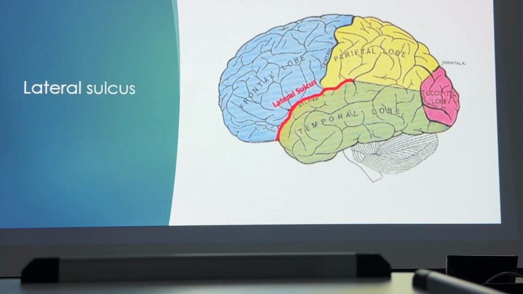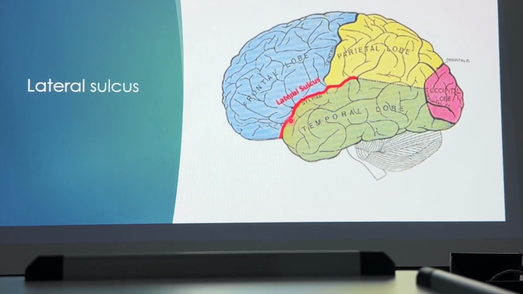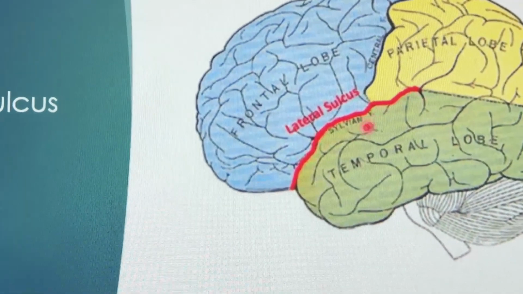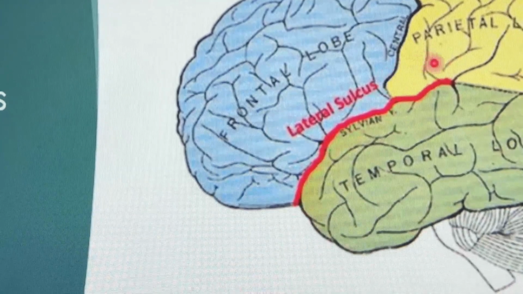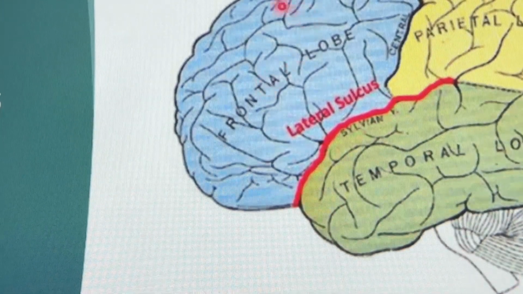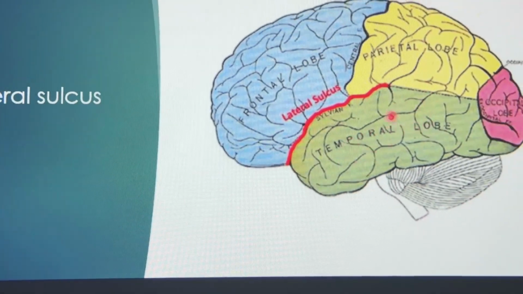The next important sulcus is the lateral sulcus, which is also named the Sylvian fissure. The Sylvian fissure serves to separate, as we see in the diagram, the frontal lobe and parietal lobe from the temporal lobe.